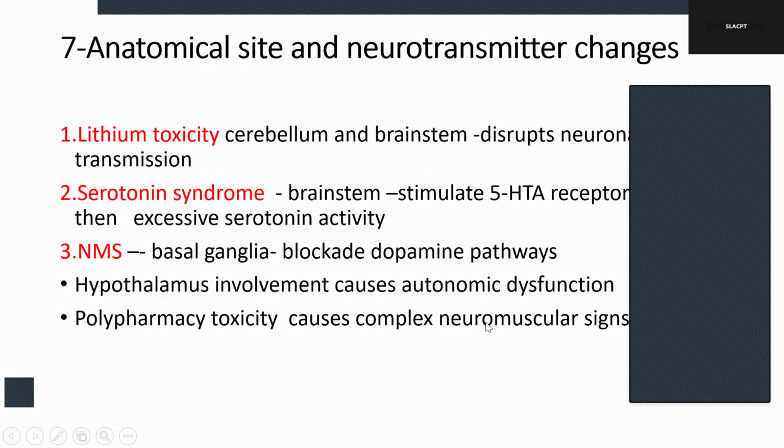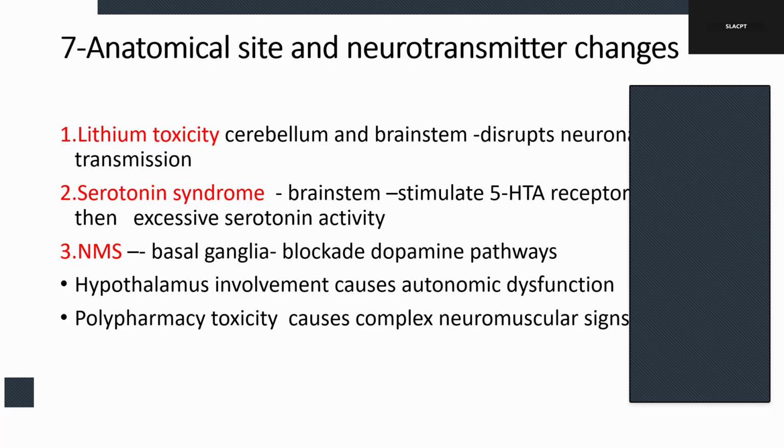And on the anatomical side, my target in this topic is to discuss how the patient's physical signs correlate with the nervous system anatomical side. So in lithium toxicity, the main organs are the cerebellum and the brainstem.